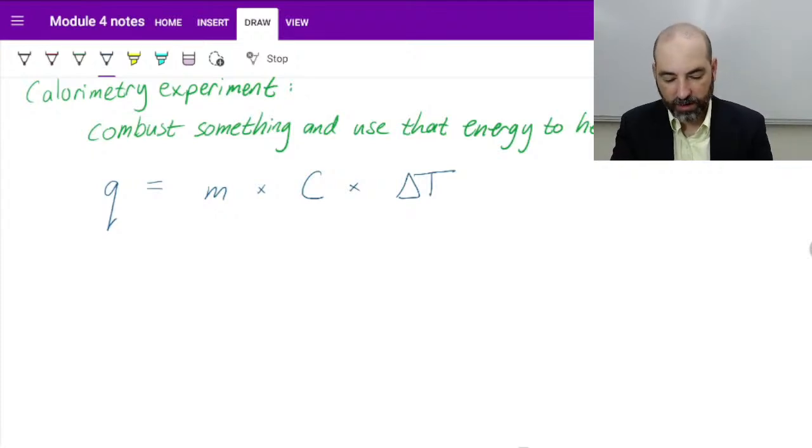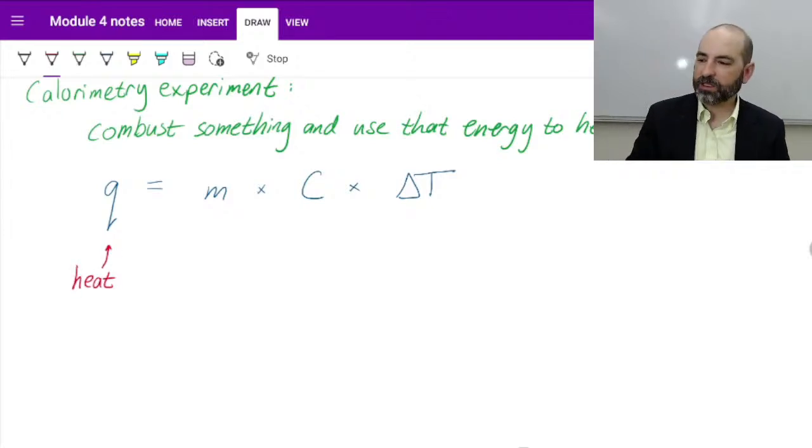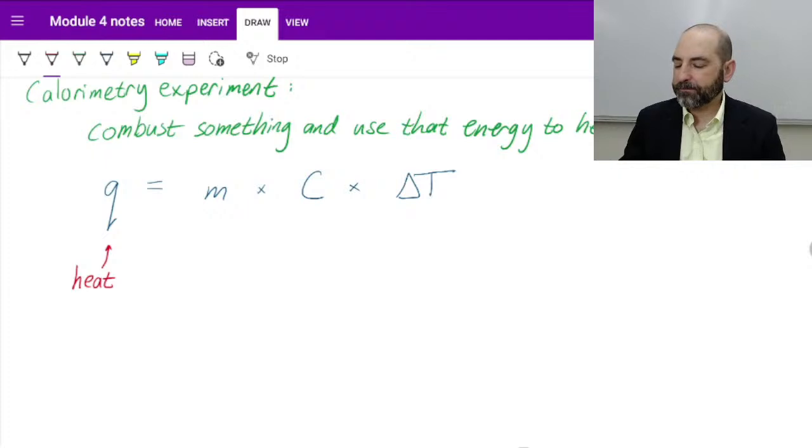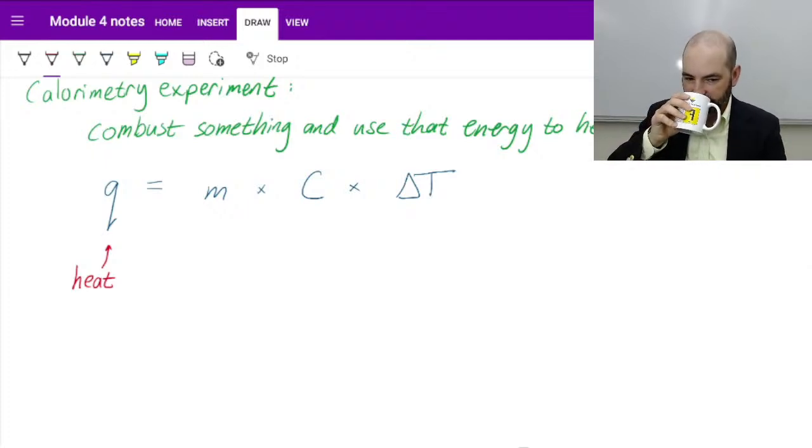We've actually talked about pretty much all of these terms already, so let's define them. Q is heat. That's a little bit confusing maybe, but heat is not exactly the same as energy.